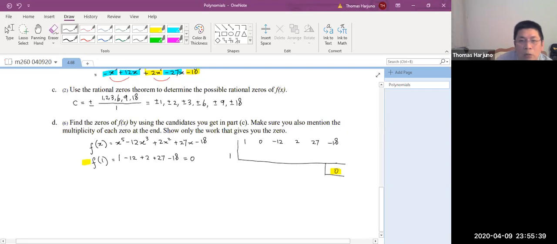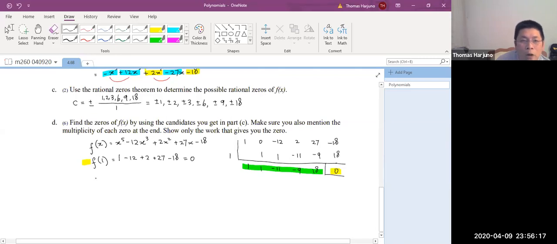The issue is I would like to know what these numbers are, because they will be the coefficients of the other factor of this polynomial f(x). Let's say I bring that 1 down. This is 1, 1, negative 11, negative 9, 18, 0.